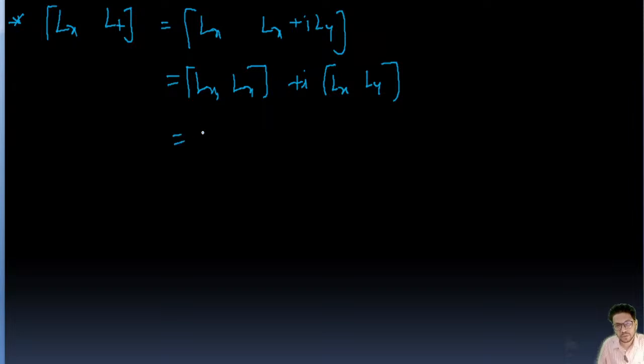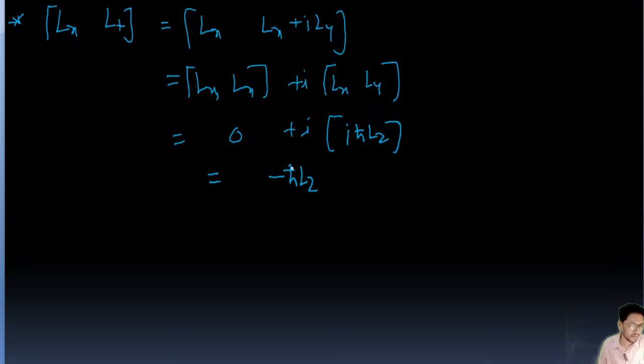So this is going to be 0 plus iota, and this value, Lx Ly, means Lz, iota h cut Lz. Because it's in cyclic order, iota h cut Lz, and iota square is minus 1. So minus h cut Lz is the answer.